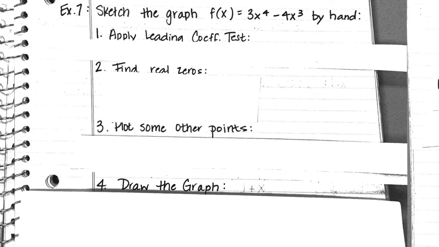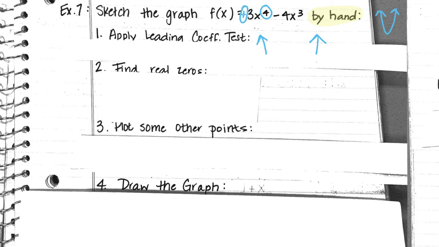So this is where we're going to use no calculator because they're telling us to graph this by hand. And this is where we're going to use the leading coefficient test. So the leading coefficient is a even. It's also a positive number. So I'm going to think of that x squared parabola. So I know that it is going up and up.